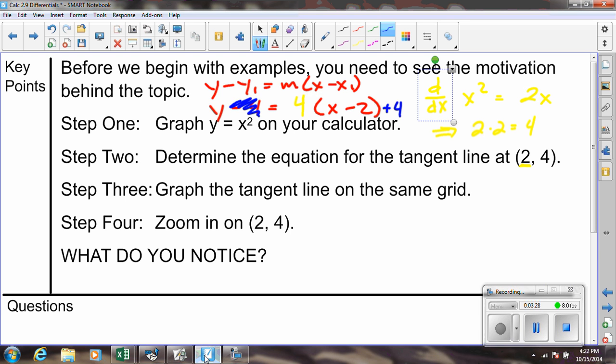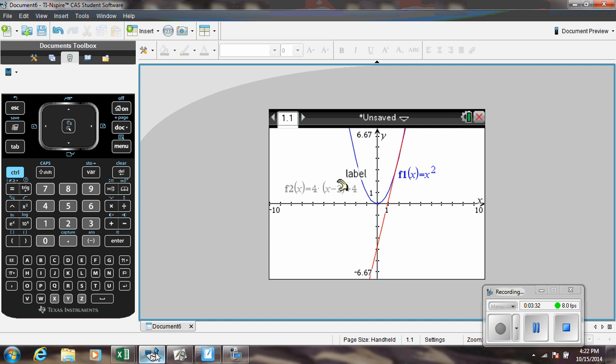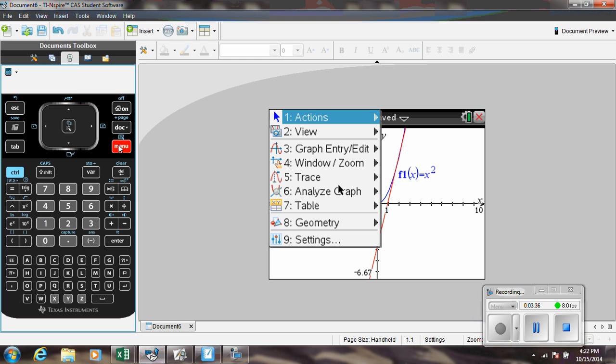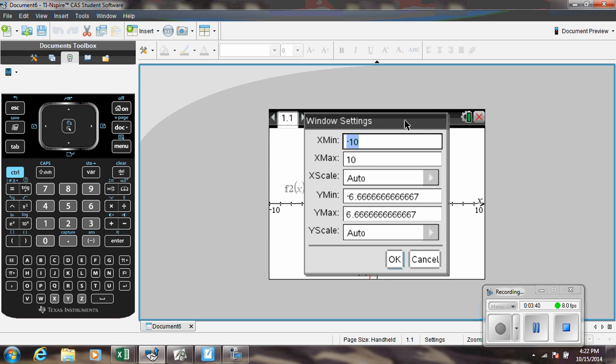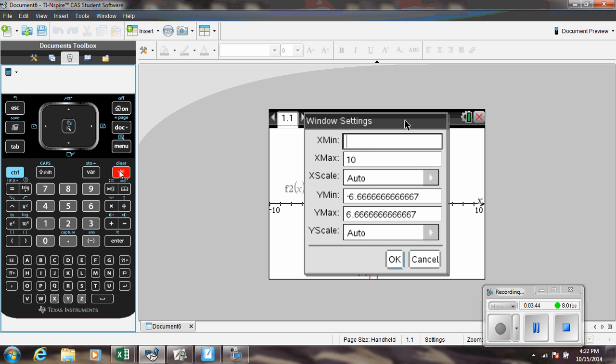From here we're going to come in and do our step number 4, zoom in a bunch on the point (2, 4). Well, rather than using the calculator zoom feature, I'm going to just change the window settings. Since we're centered around 2, I'm going to go 1 to the left of 2, 1 to the right of 2.